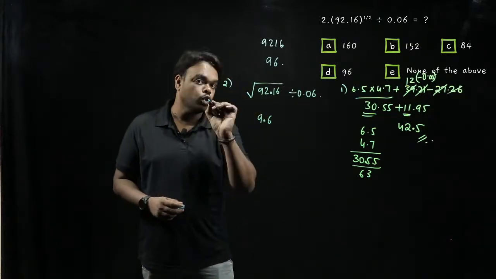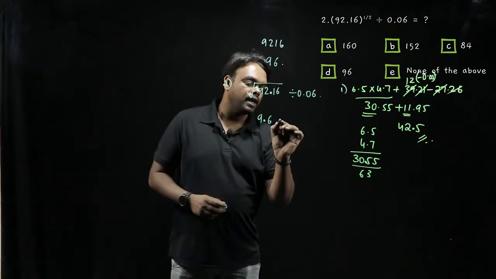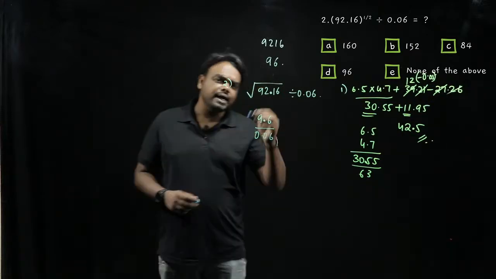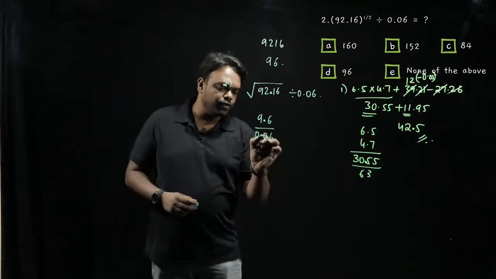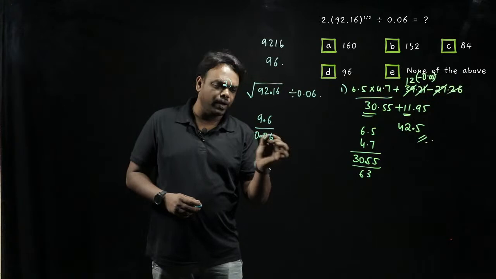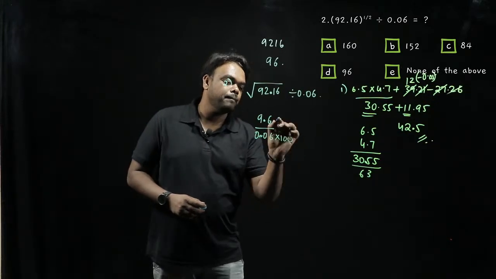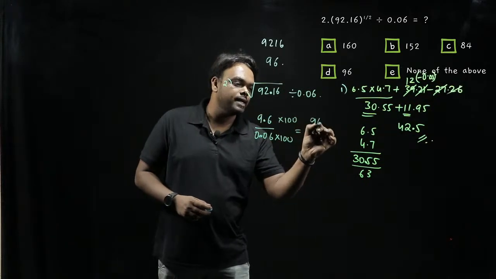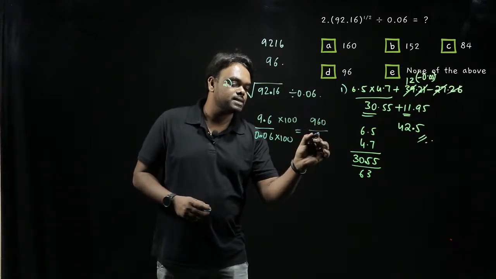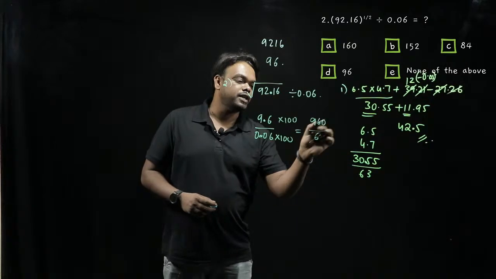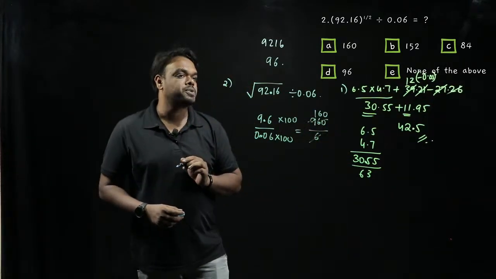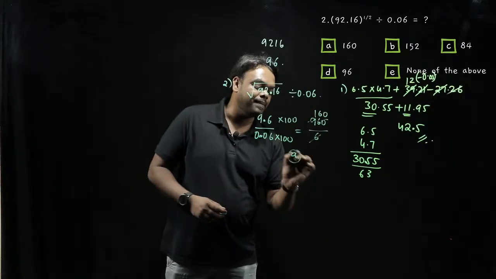Please go through them. Now, divided by 0.06. If you find any difficulty here, there are two digits after the decimal point. Multiply with 100 here, multiply with 100 here. This becomes 960 and this becomes 6. So 960 by 6 is 160. Do we have the option? Yes, option A must be our answer.